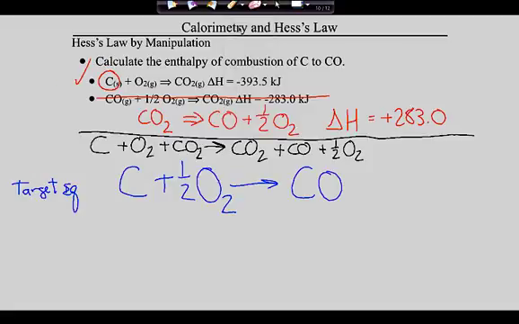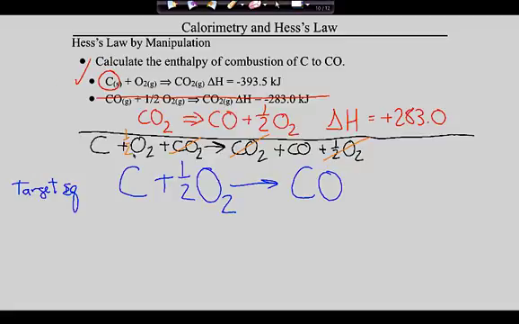Now guys, what do we do? We cancel stuff out. We've got a CO2 here and a CO2 there, so those cancel. Will anything else cancel? 1/2 of an O2. If we get rid of 1/2 of an O2 there, what's left over here? 1/2 of an O2.